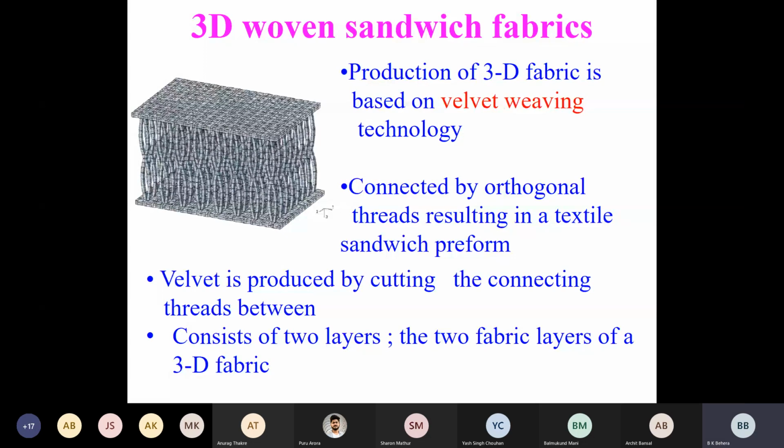It's a 3D shape. There is a top layer, there is a bottom layer, there is a pile thread connecting top and bottom. Looks like a sandwich preform, and we produce velvet fabric exactly by this method.